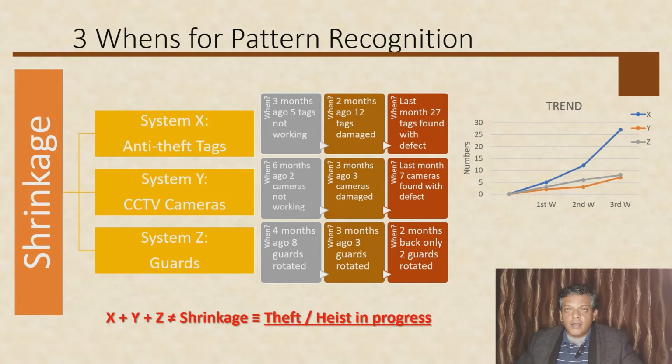So when you apply the 3 events technique here for pattern recognition, you realize that 4 months ago 8 guards were rotated, probably out of 10 guards. 3 months ago only 3 guards were rotated, and 2 months back only 2 guards were rotated. So that means you have a lot of guards on premise, probably 7 guards as of now, who are performing the duty at a fixed location rather than being on rotation. Now that's one more huge red flag.